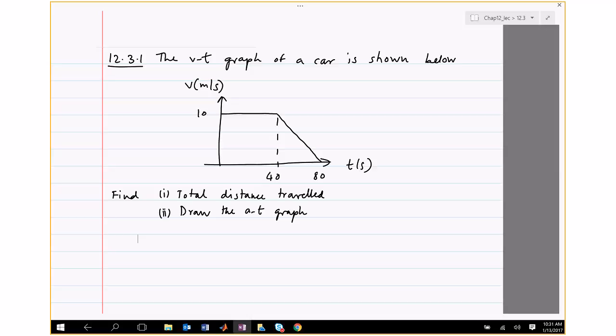What I need to put here is: assume that the particle is at s equals 0 at time 0.